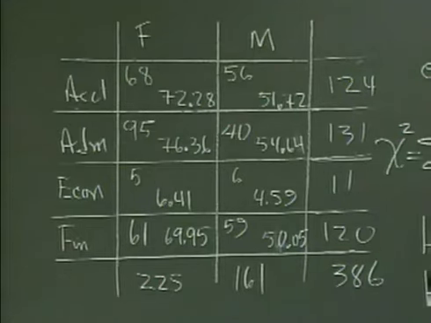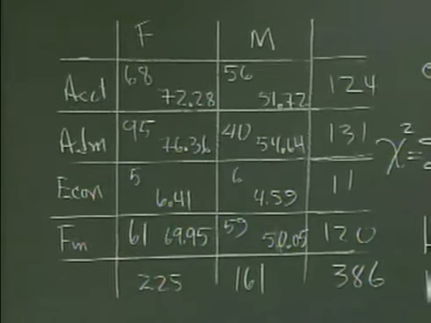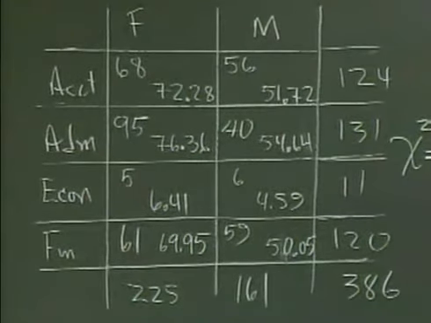And I think I'll just go down the first column. So I have 95 minus 76.36. I'll square that over 76.36. And we go down to, oh, I love the smaller numbers, minus 5 minus 641. Square it over 641. Okay, Clara's group lucked out here.